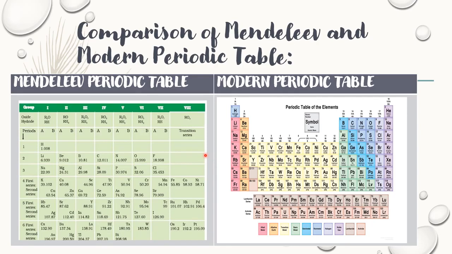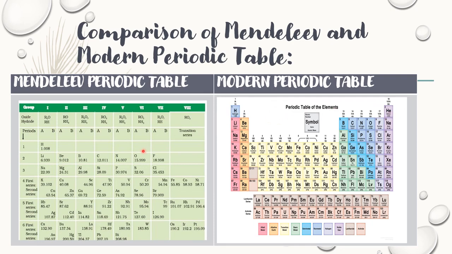If you notice, the change of atomic mass is not so gradual, that is 1, 6, 9, etc. In the modern periodic table, the elements are arranged in increasing order of atomic number. You can see the change is gradual, that is 1, 2, 3, etc.